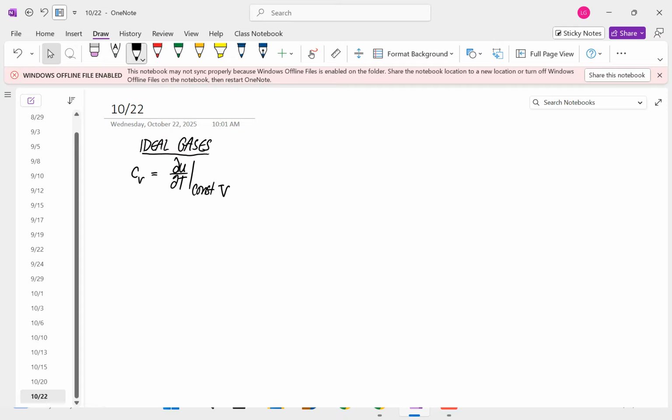We know that for an ideal gas, U is only a function of temperature. And so CV just turns into du dt. And so du is equal to CV dt, and you can integrate both sides. So that works the same as for a liquid. That's what that was hinting at, that you would use the change in temperature to calculate the change in internal energy.